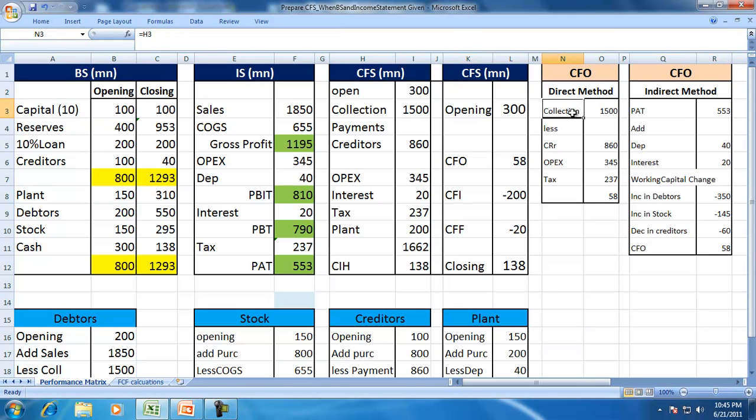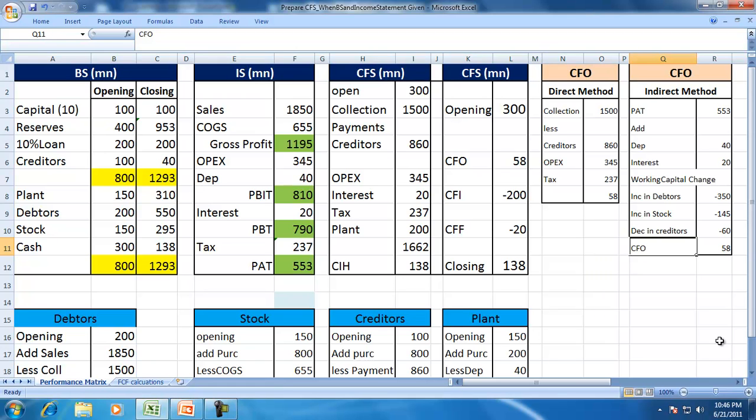The direct method shows the operating receipts and operating payments, and the indirect method adjusts the PAT to arrive at the CFO. In other words, it answers why CFO is different from PAT.